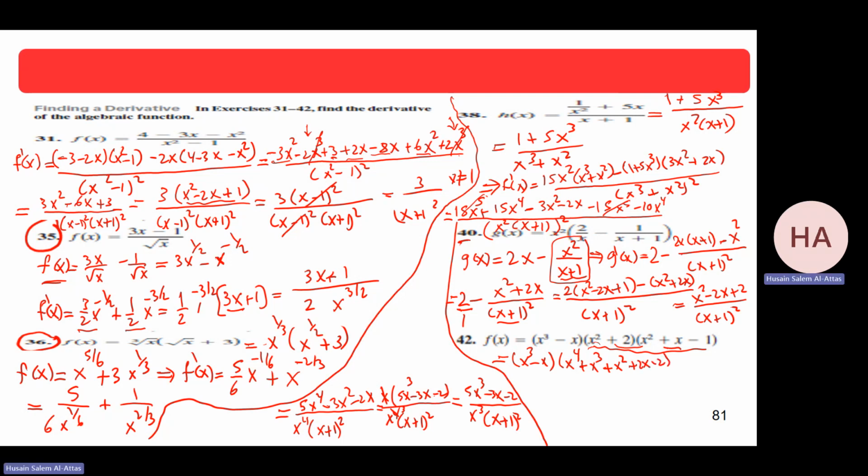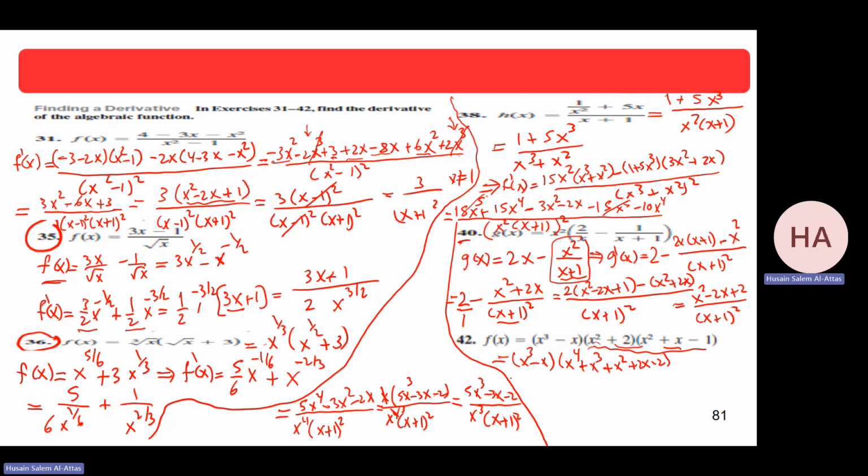Now I can use the product rule, or you can simplify the function. Or you can actually do the product. I think it will be easier, then do the derivative. Or you can use the product rule. Both are correct.